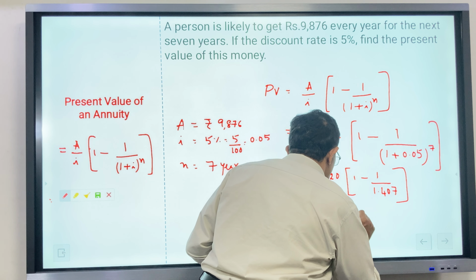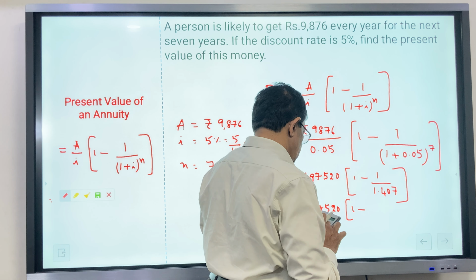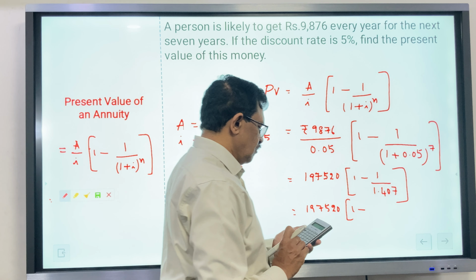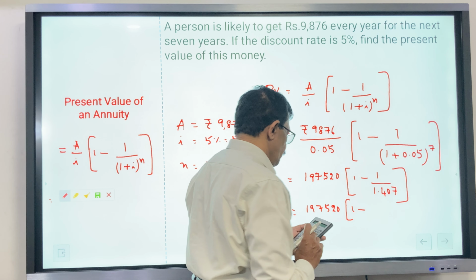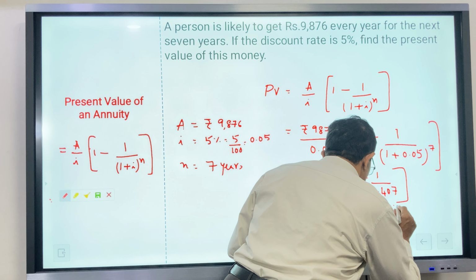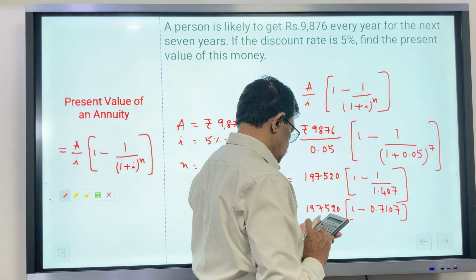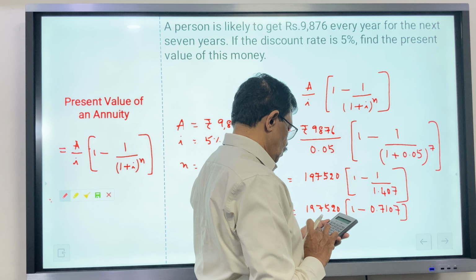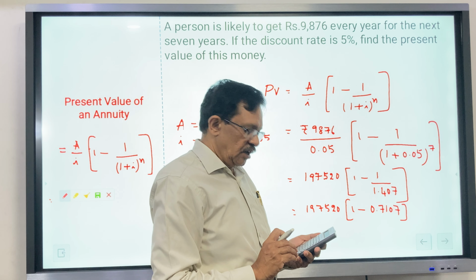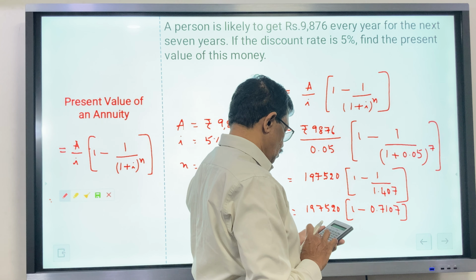197,520 into 1 minus 1 divided by 1.407. How much? 0.7107. So this is going to be 1 minus 0.7107, which is 0.2893, multiplied by 197,520.